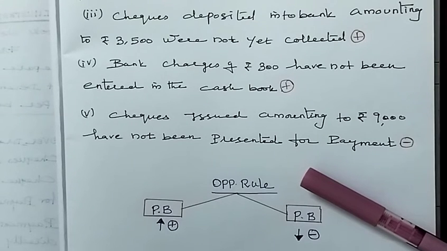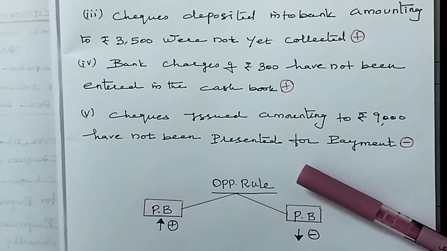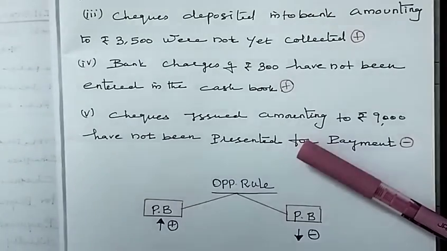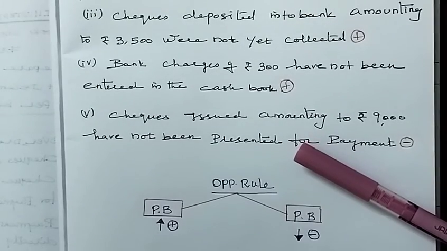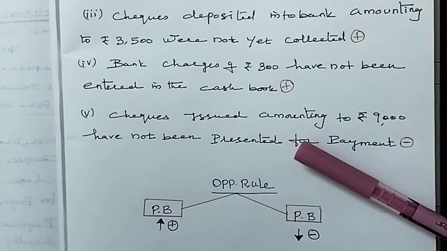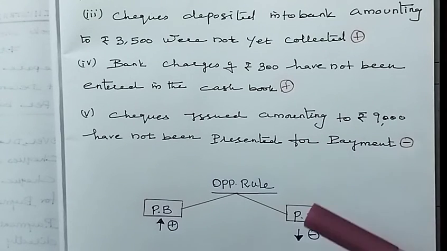Are you clear? Okay. What happened in the bank? On the same day, the issued check amounting to 9,000 rupees has not been presented for payment, which means the issued check is not deposited in the bank on the same day. So the bank passbook is to be increased.